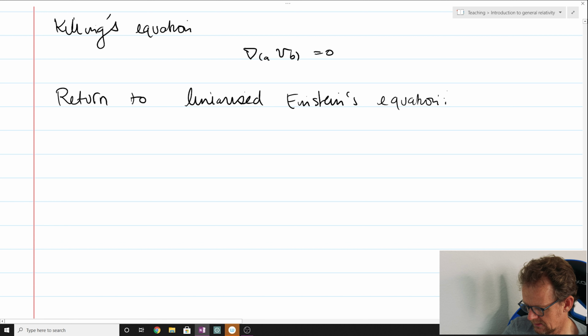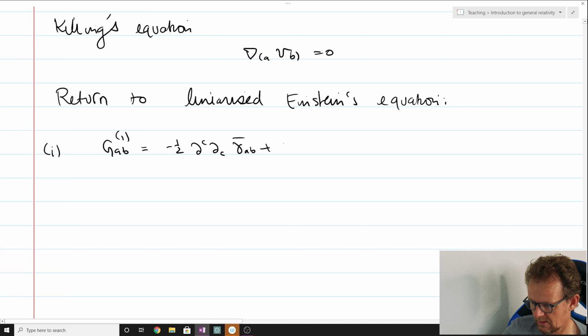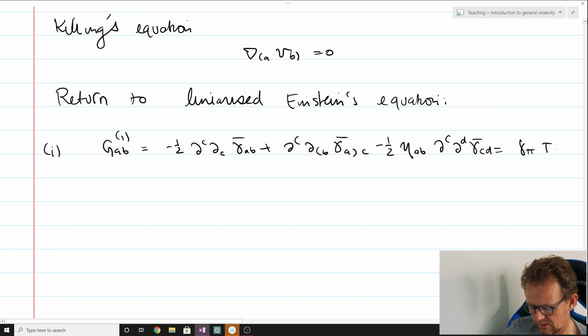If you recall, the linearized Einstein equation, call it 1, has the form G^(1)_AB, the linearized Einstein tensor, which is ∂_C ∂^C γ̄_AB plus ∂_C ∂_B γ̄_A^C minus a half η_AB ∂_C ∂_D γ̄^CD, and that's all got to equal the stress energy tensor.